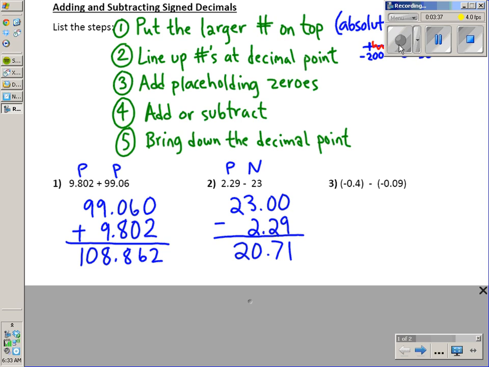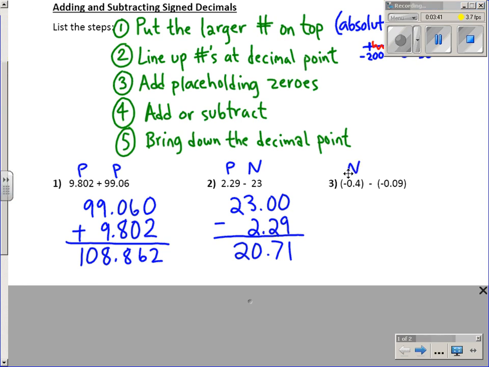Alright, so problem number 3. Let's go ahead and write that that's a negative number, and then minus a negative number, so that means that's going to be a positive. So the signs are different, so we want to take the difference. Here place value is going to be important to determine which number goes on top.